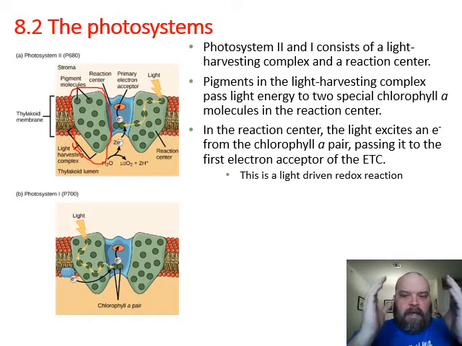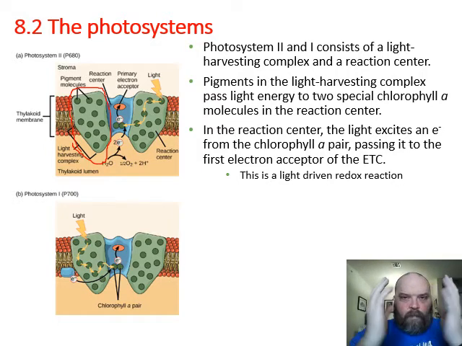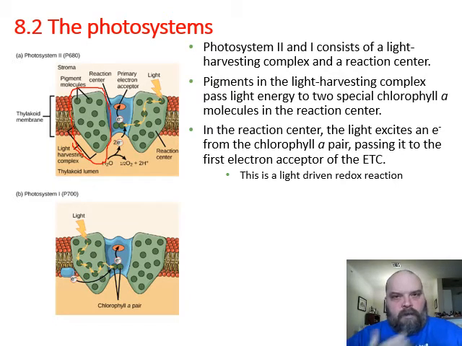Keep in mind, it actually wraps all the way around the reaction center, at the center where we're going to have some important things. Now, these light harvesting complexes, that's what you're seeing here, and that's what wraps around. This is where the chlorophyll is found.